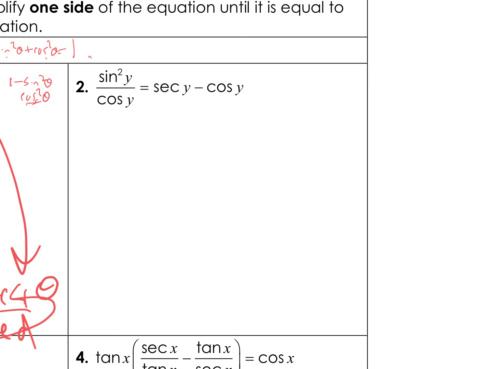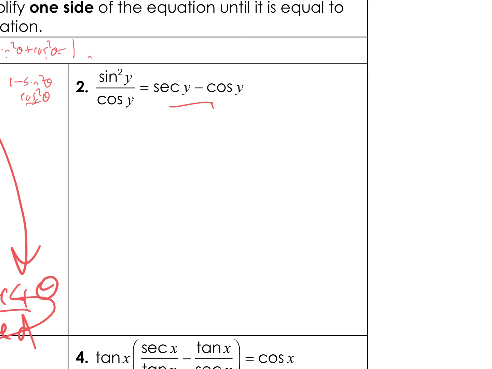Then the final answer, you decide which side is the ugliest, and that would be the final answer. Or what if Gabriel thought to himself, no, I think the right side is uglier, so when I get this side, that's the final answer. So there really is no final answer.